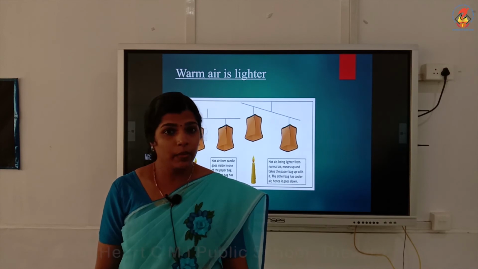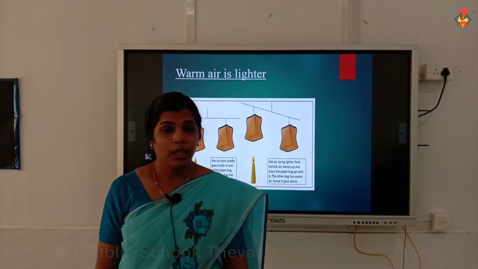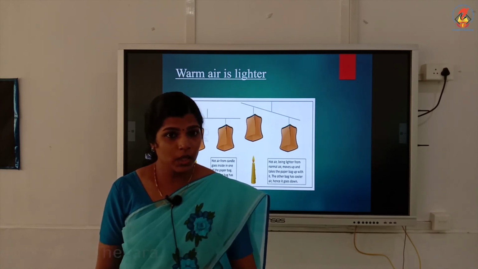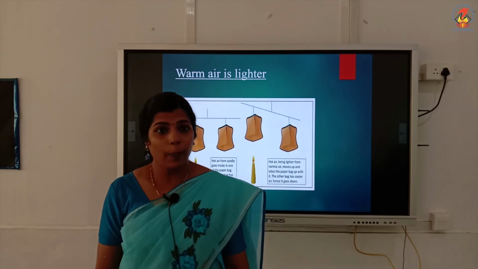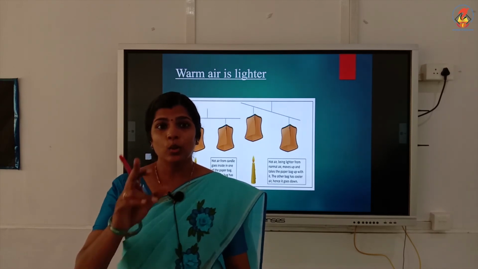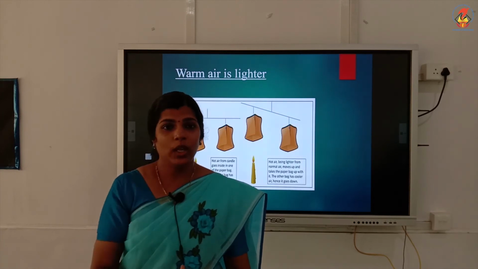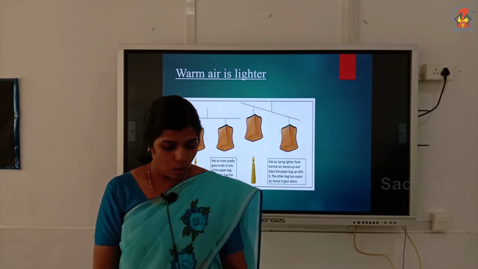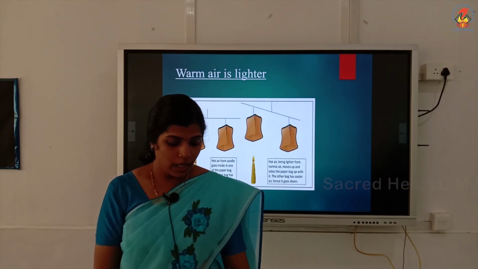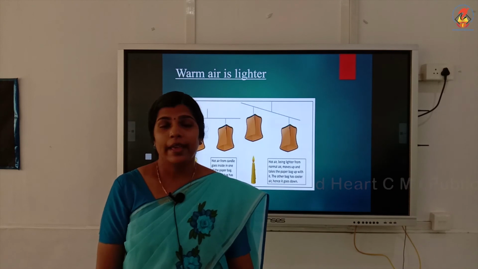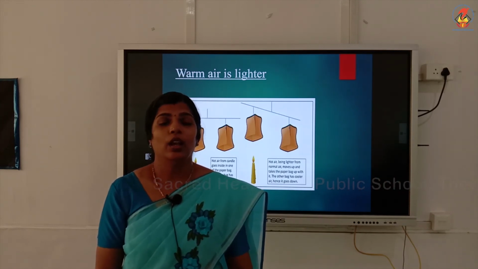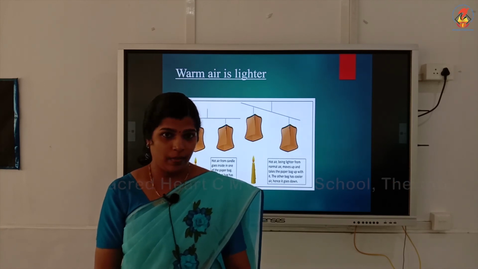You studied about land breeze and sea breeze, isn't it? During daytime, the land will become very hot. So, the air above the land is hot air. It will move upwards and cool air from the sea will get in to fill its space. So, warm air is lighter and it will move in the upward direction, creating a low pressure area.